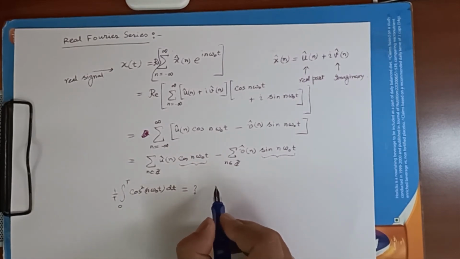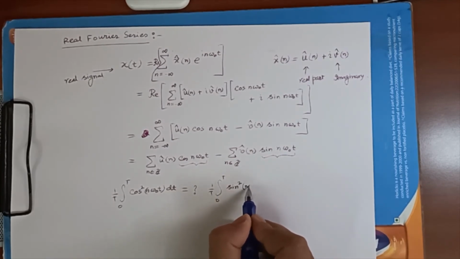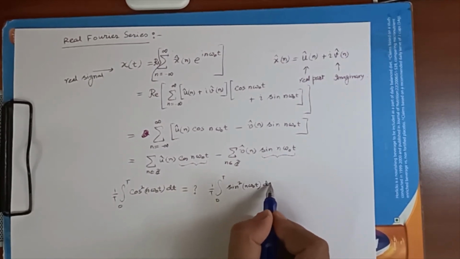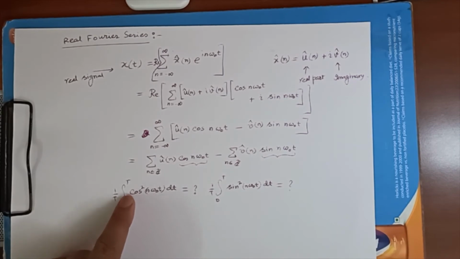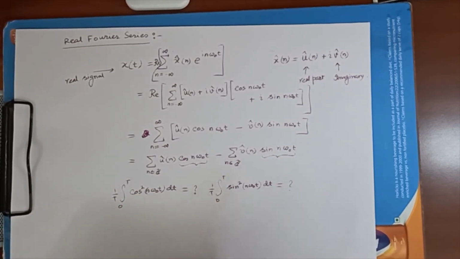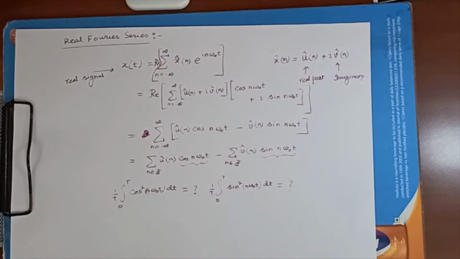Similarly, check the other one, sine square n omega 0 t dt, whether this is also 1. You can easily check: 2 cosine square is 1 plus cos 2, 2 sine square is 1 minus cos 2, the integral of cos 2 will cancel out, so 1 will remain.